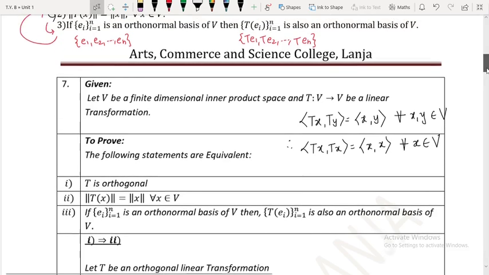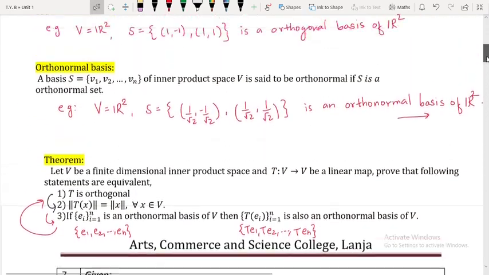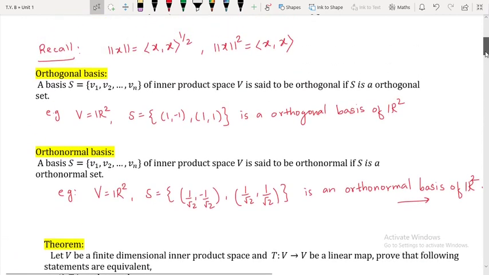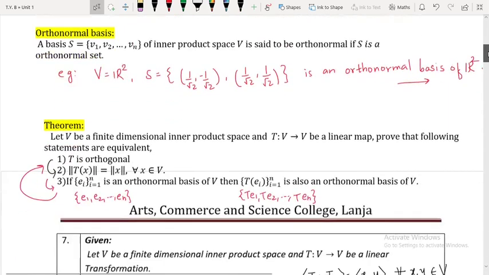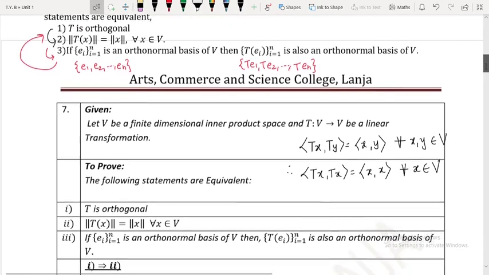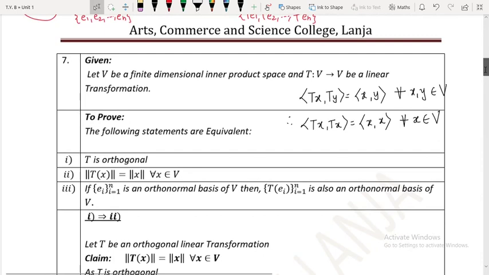I just wrote you a note that inner product of x with x is nothing but norm of x square, right? So therefore this norm of x square is equal to what?